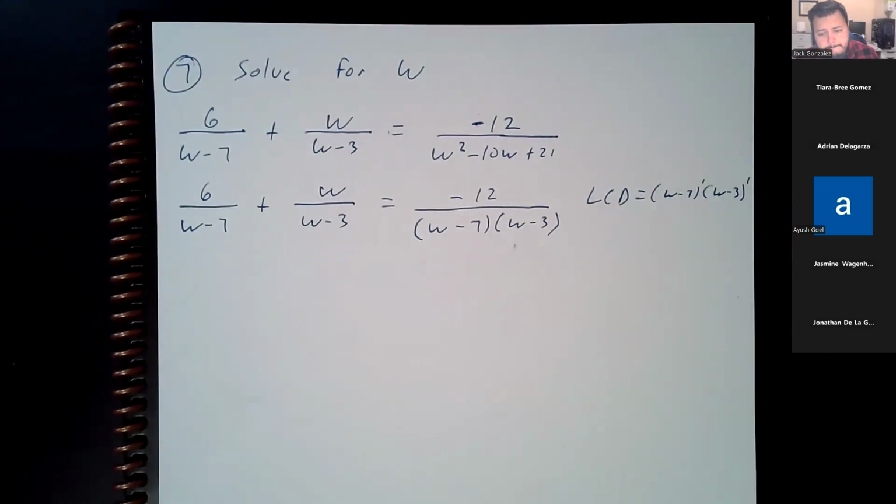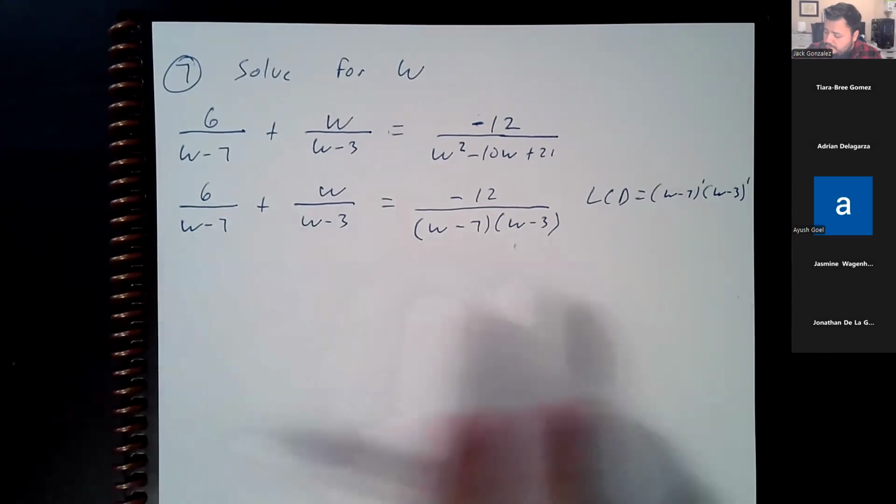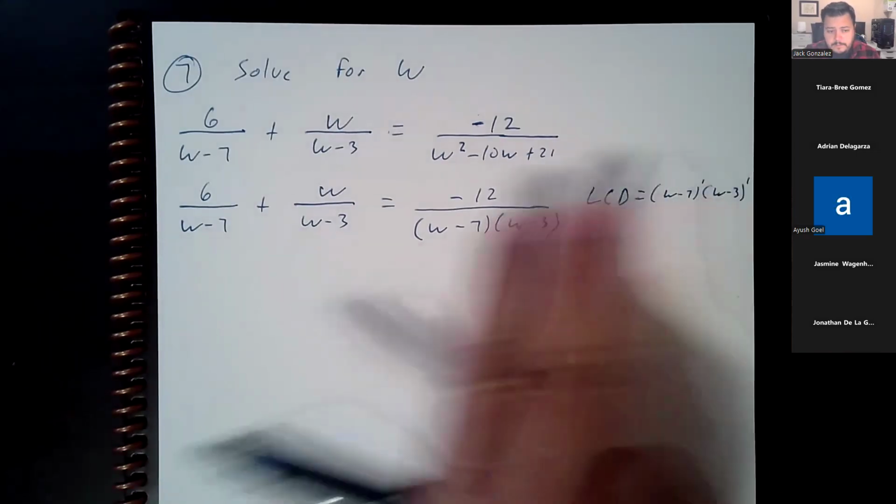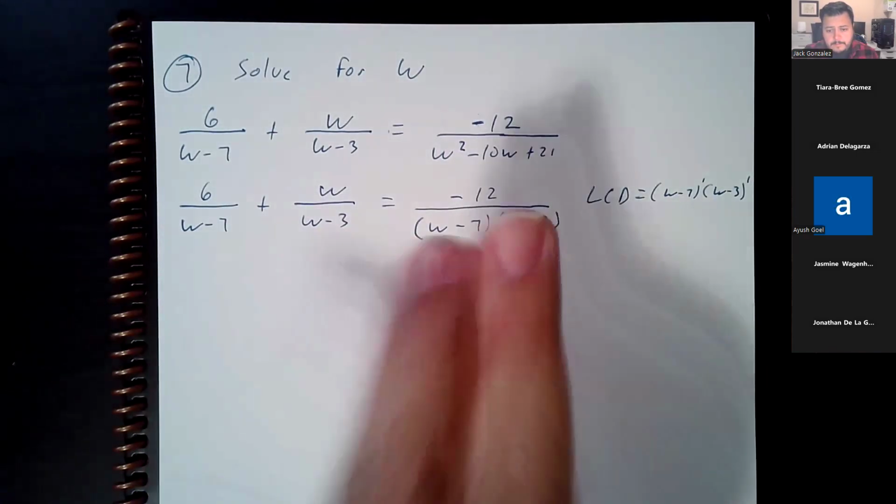Okay. So this is what we're going to multiply every fraction by. This one, and that one.